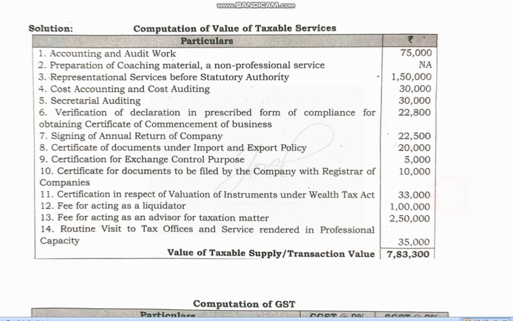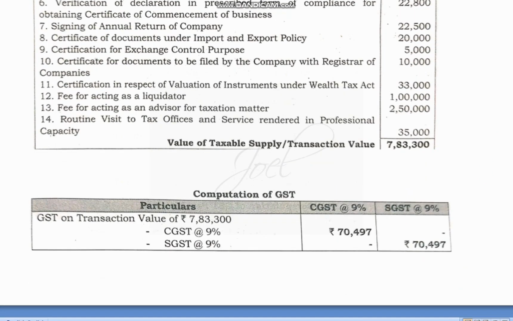Tax will be calculated in the sense, as I told you, SGST and CGST equally we are calculating. 7,83,300 into 9% SGST and 9% CGST. Equally we are distributing them. 18% is the tax rate, so that's why 9% each we are calculating, and this is the way we are going to solve the problem.